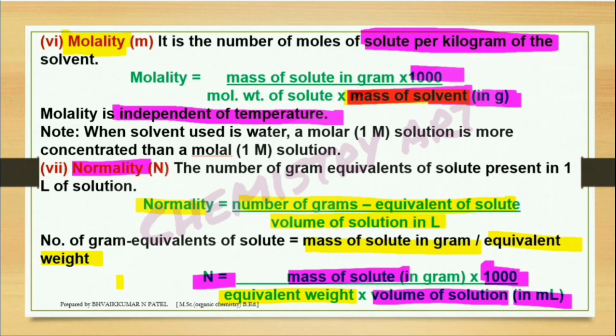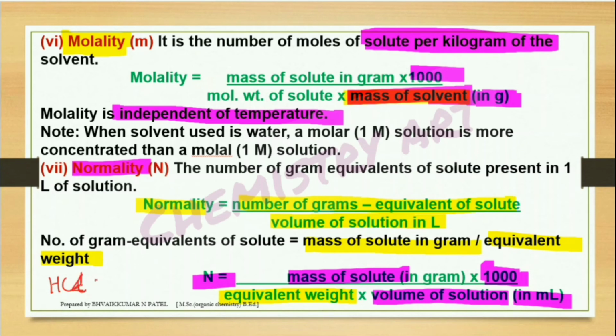And what is equivalent weight? Equivalent weight means molar mass divided by the valency. I can say it is the charge of the positive ion, by which you have to divide. For example, let me give one example of HCl. What is the equivalent weight of HCl?